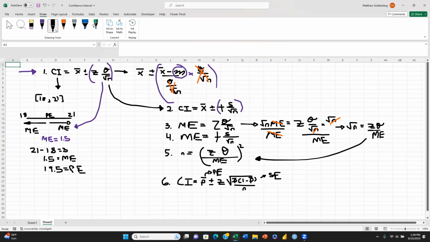And just as my very last point to discuss, sometimes you'll see z and t written with the subscript of alpha over 2. That alpha is sort of telling you the following.